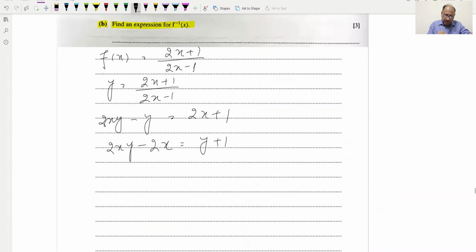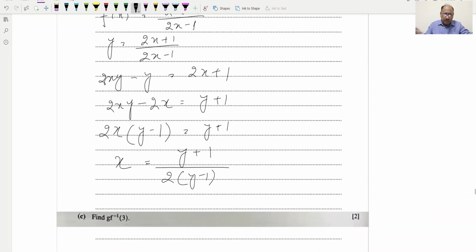We can take 2x common, and inside will be y minus 1, and this will be equal to y plus 1. We need to make x the subject, so x is equal to y plus 1 over 2 into y minus 1.